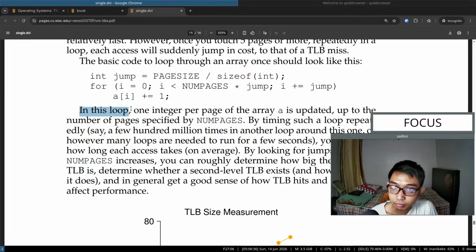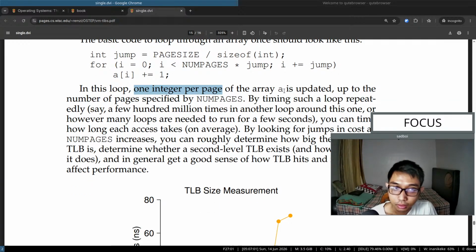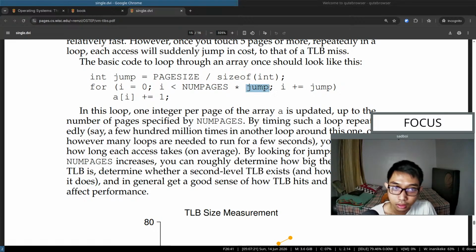In this loop, one integer per page of the array a is updated, up to the number of pages specified by numpages. So I guess this is the offset, maybe something like that.